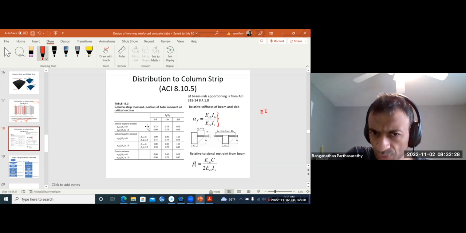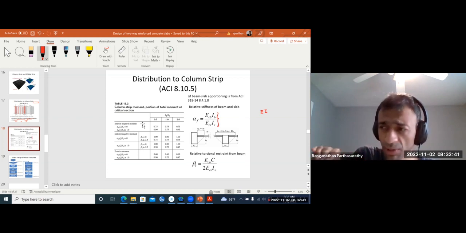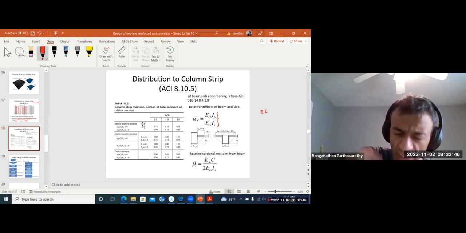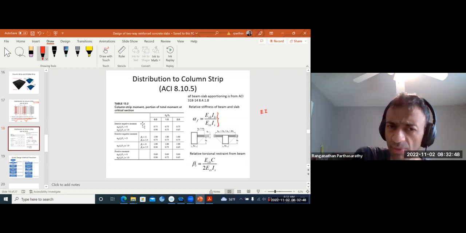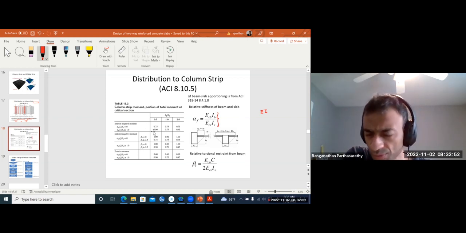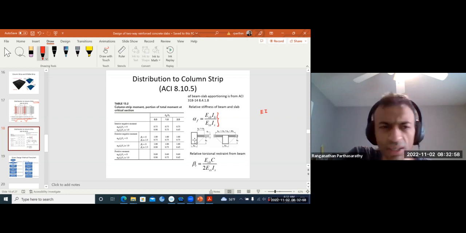Now, it is different for interior negative moment. The distribution of the total moment, how much goes to column strip and how much goes to middle strip, is not the same for interior negative moment, positive moment, and exterior negative moment. It's different. For interior negative moment, it depends on the L2 by L1 value.